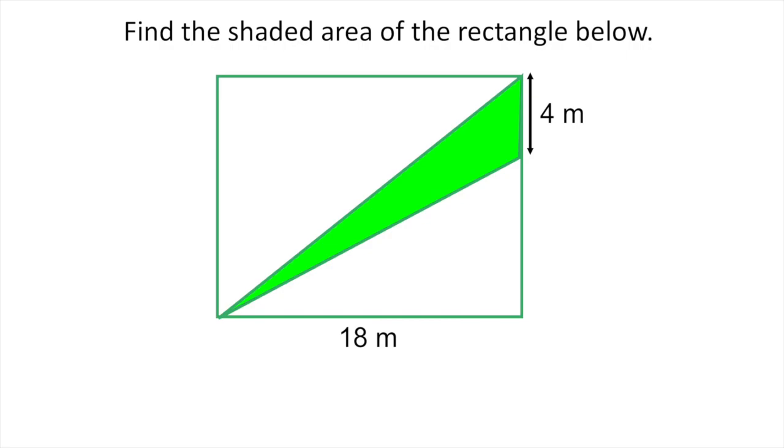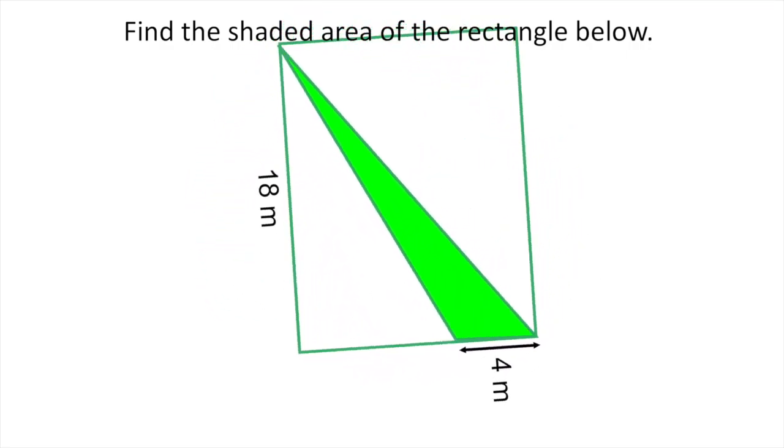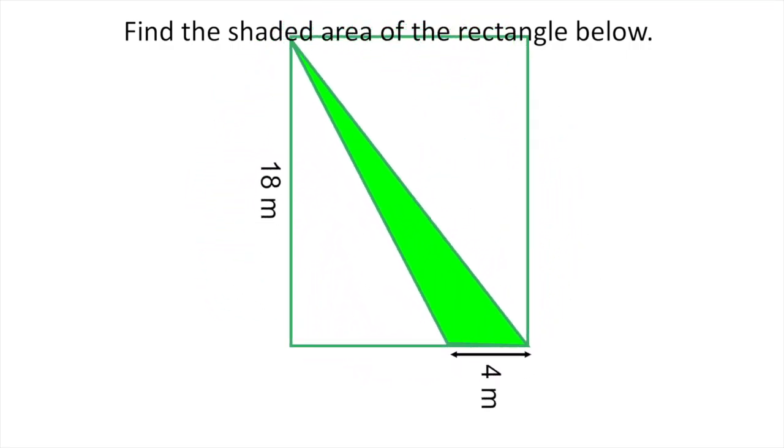Now, if you take your book and you rotate it so that it looks like this, it might even be easier for you to see the triangle and its base and its height. Looking at it from this angle, I can see that the 4 meters on the bottom can be the base. If I look at the highest point, right here, I can see that this line is going to make its height.